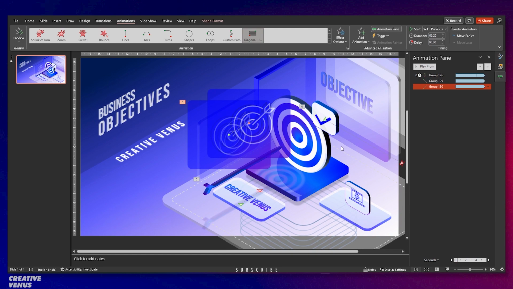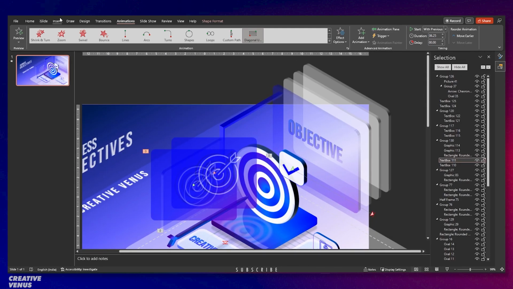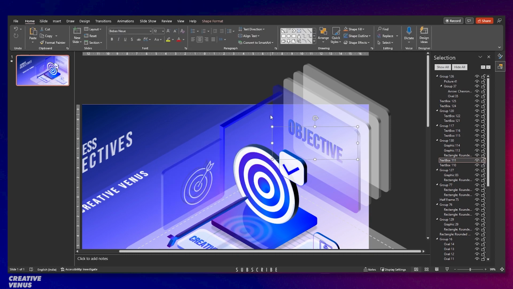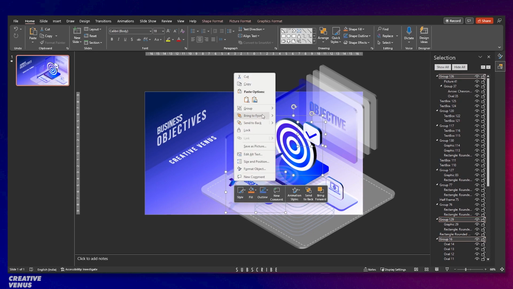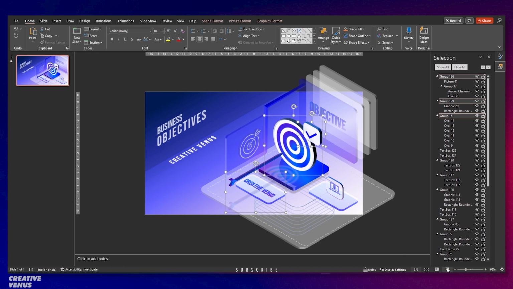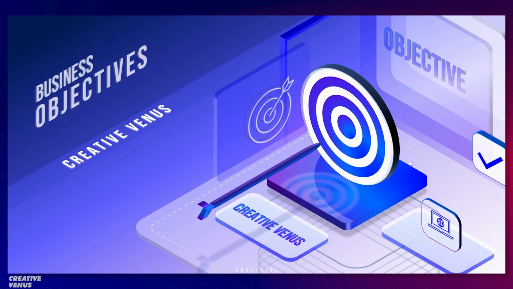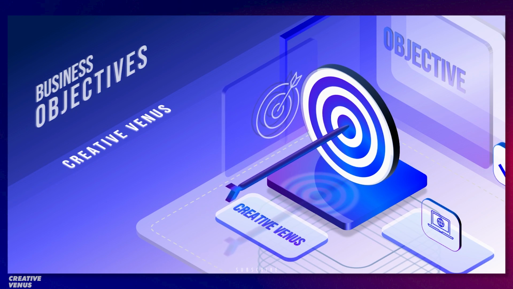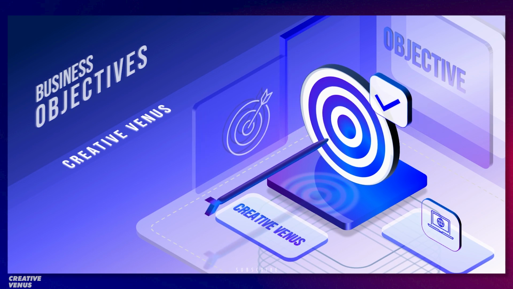So I think this is a nice pace. Now let's pick other elements. So bring these three elements to the front so that this left wall animates behind this dartboard. Now you can see it's working fine.